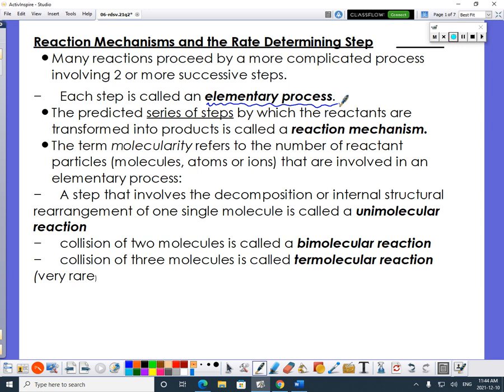When you are trying to get particles to collide for a reaction to occur, if you have many, many molecules trying to react, that doesn't make sense. It's not going to work. So reactions can have one reactant, two reactants, or very rarely three. A unimolecular reaction means one reactant.